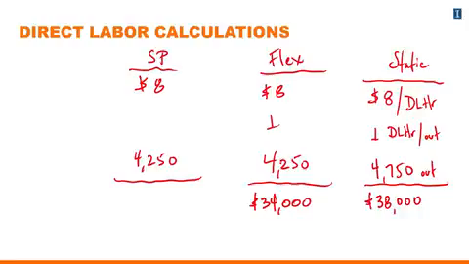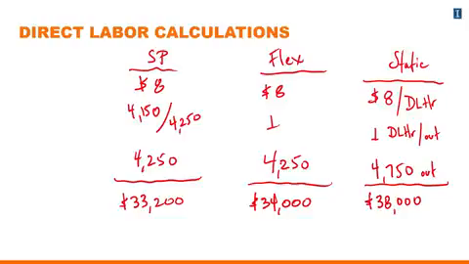Thinking about that on a per unit basis, the given information said 4,150 direct labor hours were used to produce the 4,250 units. So on average, it's a little less than 1 direct labor hour per output. Multiplying all those 3 components together yields a total dollar amount of $33,200.